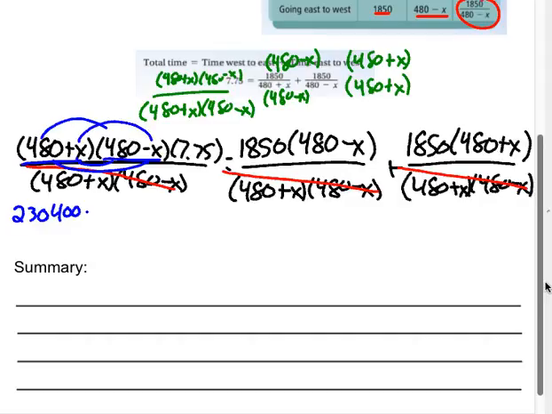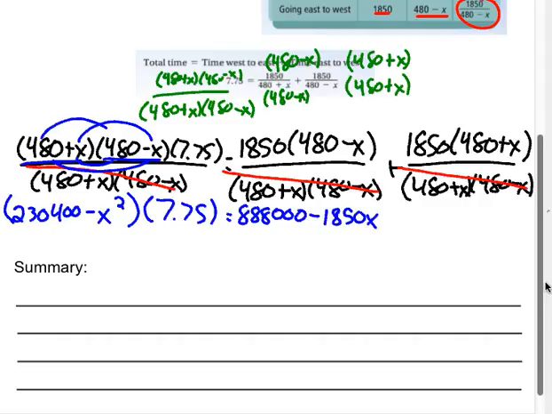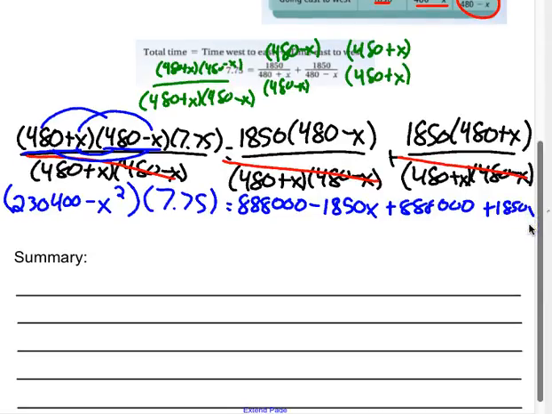So all I have is that minus x squared, still being multiplied by the 7.75. Over here, 1,850 times 480 is going to be 888,000. And on this side, another 888,000, but this time plus the 1,850x.